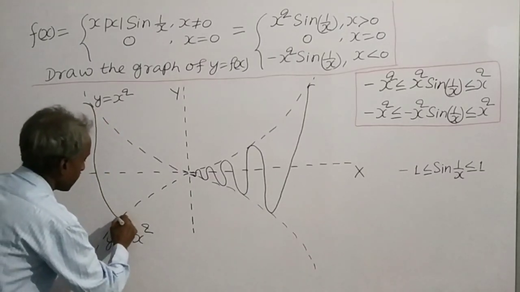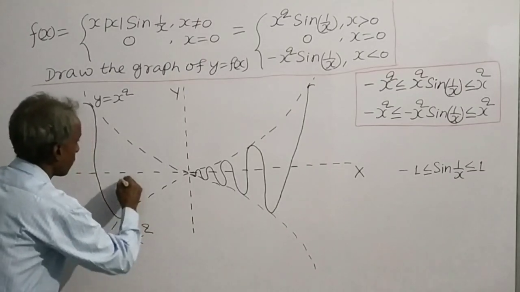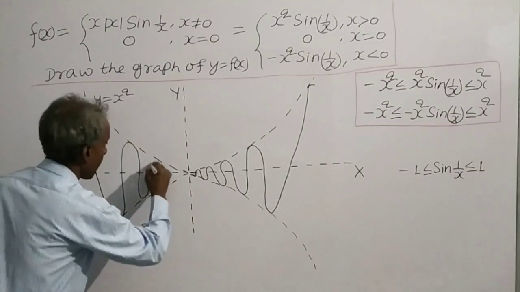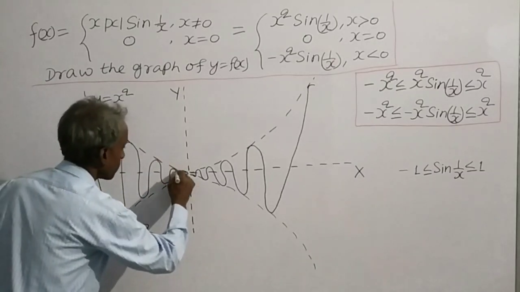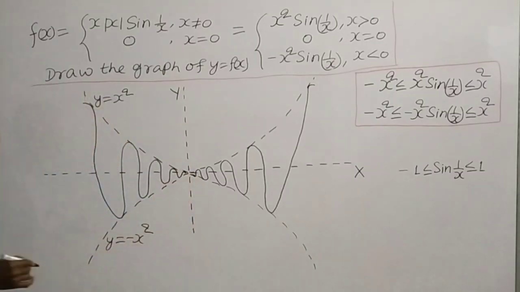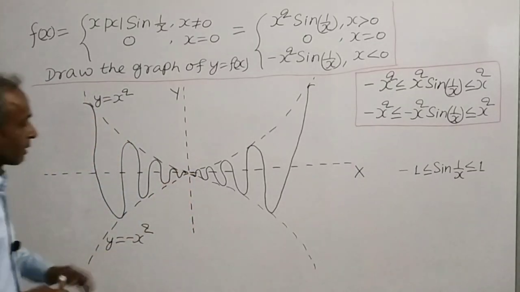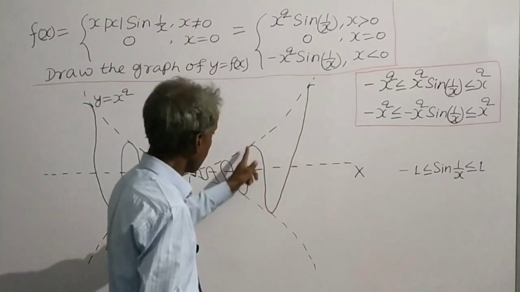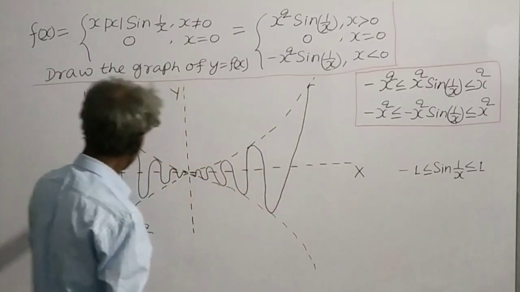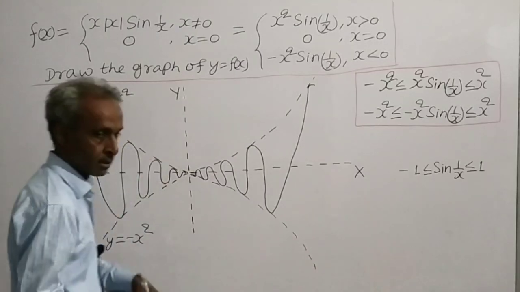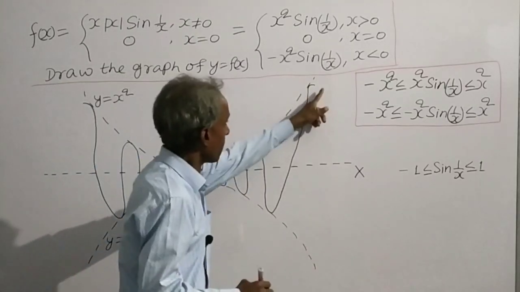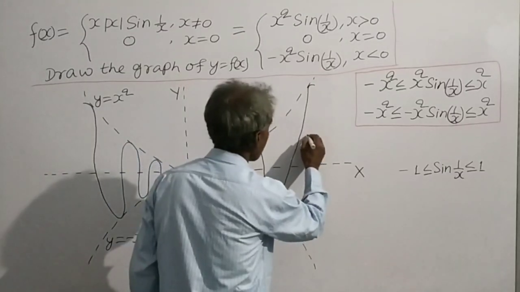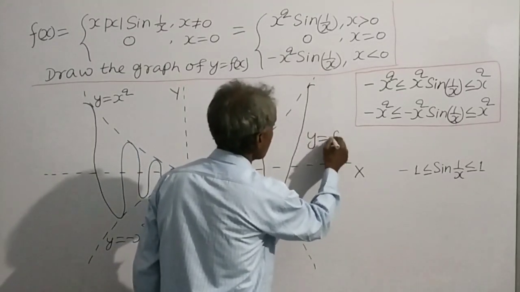Then again it will touch this parabola, then again this parabola, and so on. This curve denoted by the deep line is the graph of y is equal to f(x).